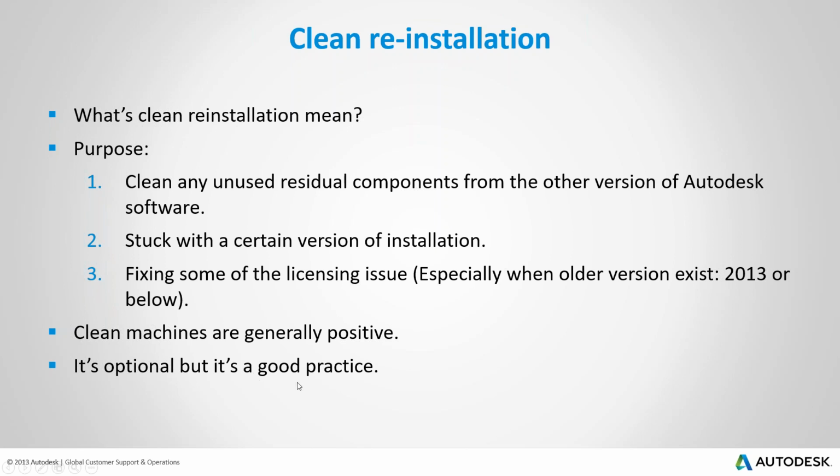Okay, first one is to clean any unused residual components from other versions of Autodesk software. Or maybe you are stuck with certain versions of installations, you can resort to this clean reinstallation process as well. Or even fixing some of the licensing issues, you can also follow this process. So a clean machine is generally positive. Do take note, this is not compulsory, but it's good practice to use only the versions that you need instead.